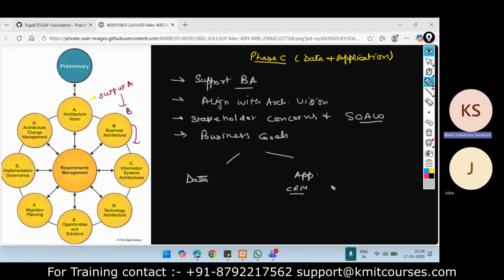You have some other applications, how they can communicate with each other, how they are aligned to the business functions. All those things are in the application architecture. Whereas in the data architecture, you are defining the data assets and data management resources.